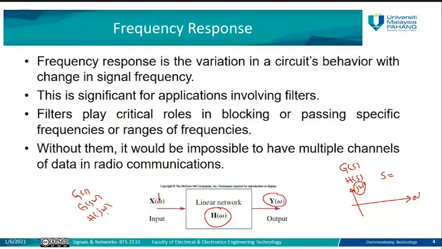Without filters and without the frequency response, it is impossible to receive communication data or communication signals. As I mentioned before, for the radio case, when you adjust the radio channel, you need to adjust the frequency.